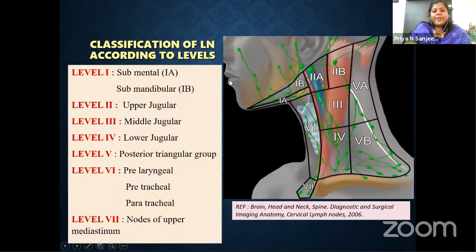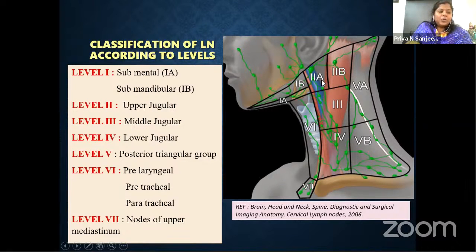Level 1A is submental lymph nodes, into which the squamous cell carcinoma of the tip of the tongue, anterior nasal tip, and the lower lip drain. 1B is a submandibular group of lymph nodes, where the squamous cell carcinoma of the oral cavity, then mid-facial region, and the nasal cavity drain into submandibular gland lymph nodes.